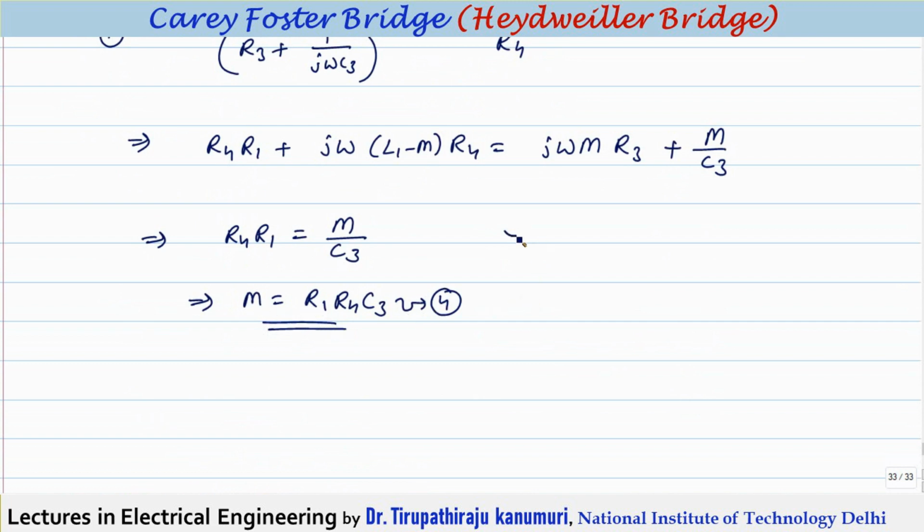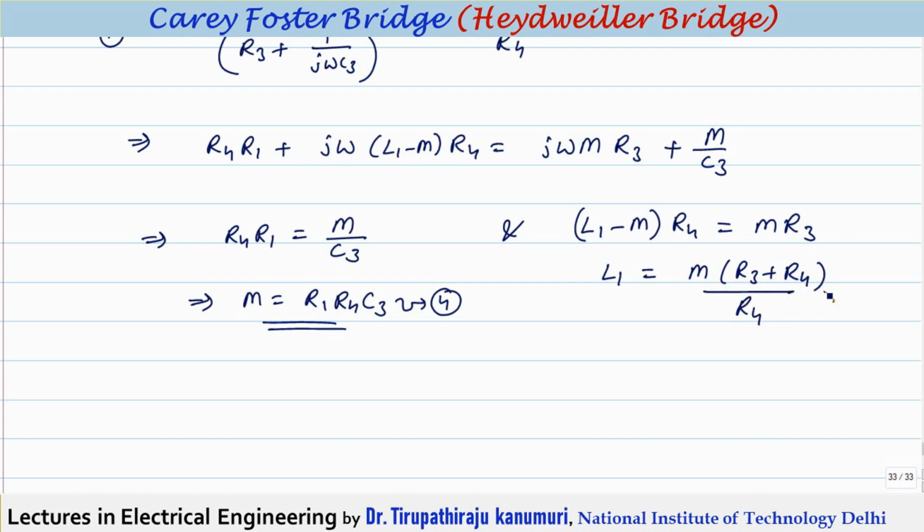Now the second part, comparing the imaginary terms, we can tell that L1 minus M times of R4 is equal to M times of R3. Or from this we can tell that L1 is equal to M times of R3 plus R4, divided by R4. Let us take it as equation number 5. Now this value of M from equation number 4 I am substituting in equation number 5.